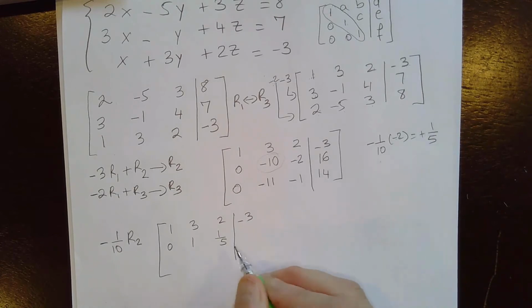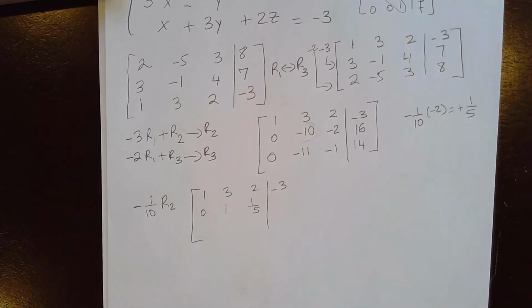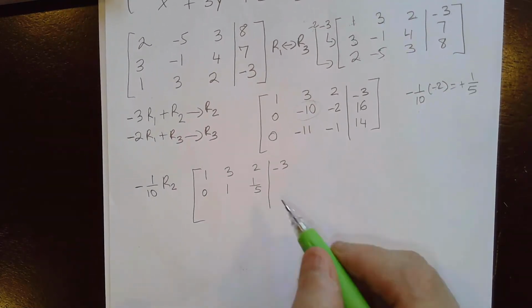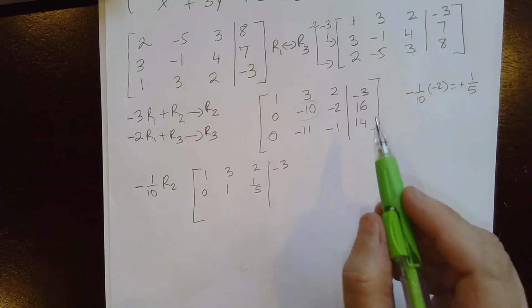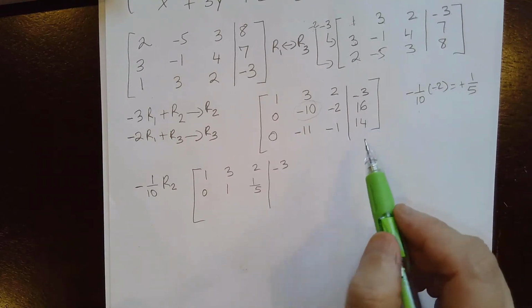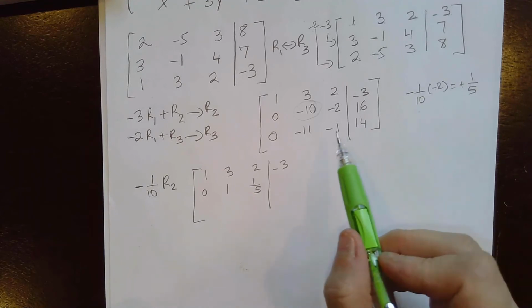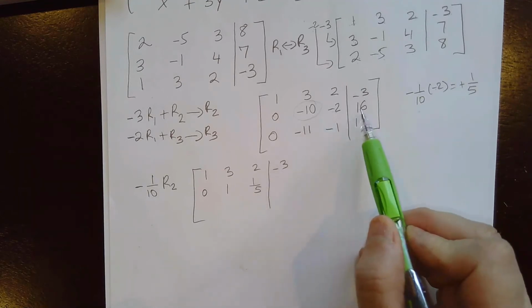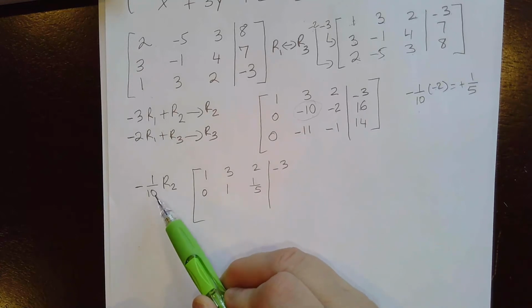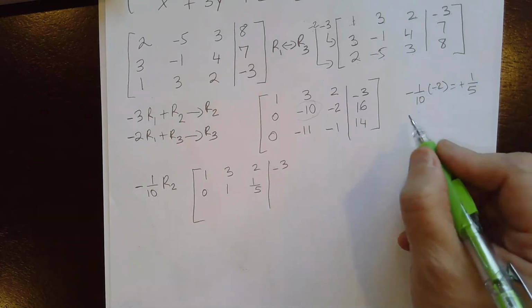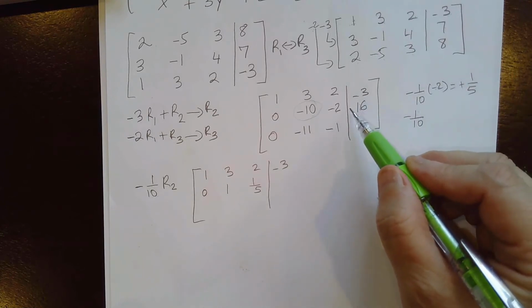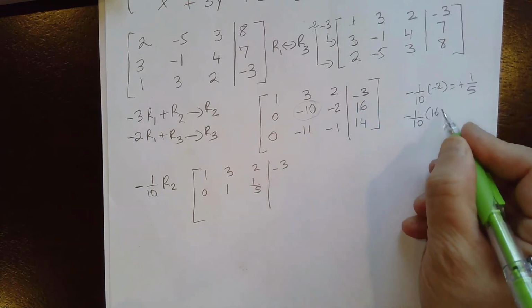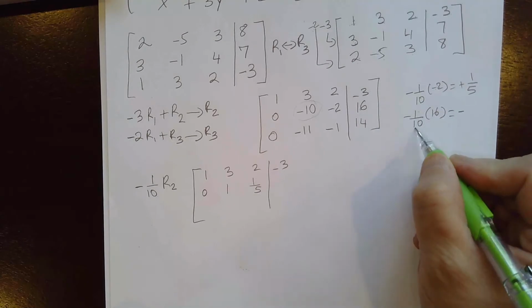We're going to end up with fractions most likely, but these most likely will cancel out later on. You'll end up with integers for answers for x, y, and z. So we took care of these two. Now we have one more. Multiply negative 1/10 times R2. This is times 16, so that gives me negative 16 over 10.